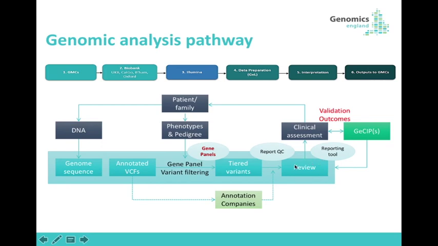This pipeline generates important variants that will be considered by the clinical team treating the patient, and the variants will be ultimately interpreted and presented to the patients. In this module, you will learn two aspects of this pipeline, focusing on gene panels and the validation of outcomes.